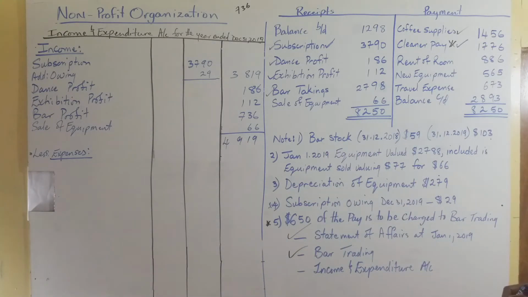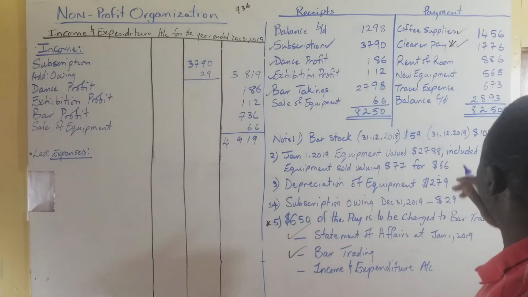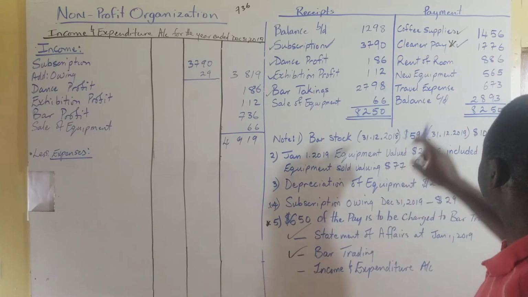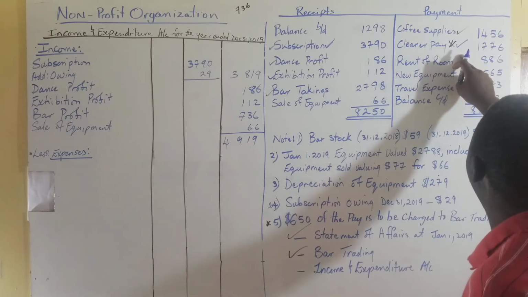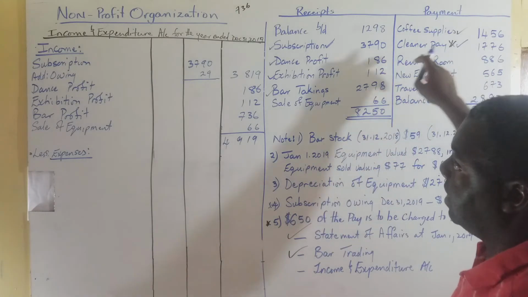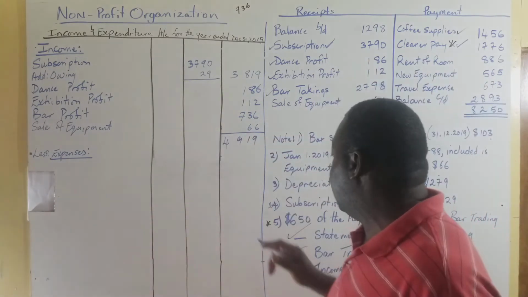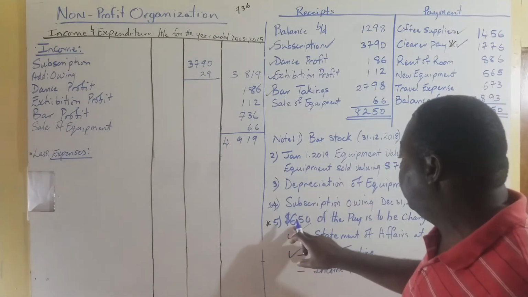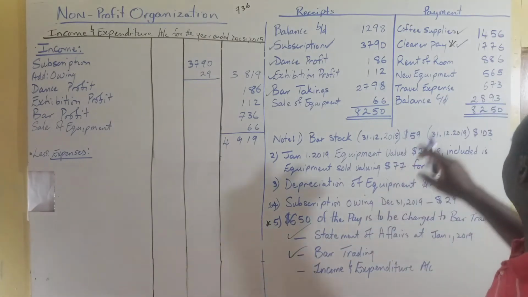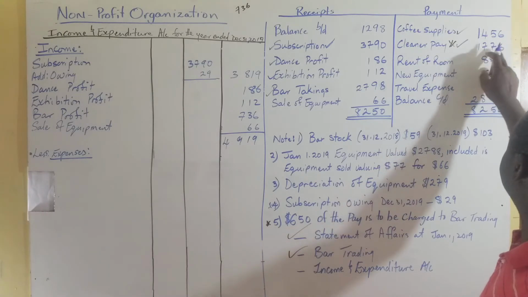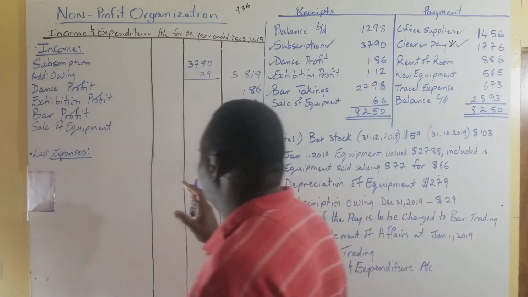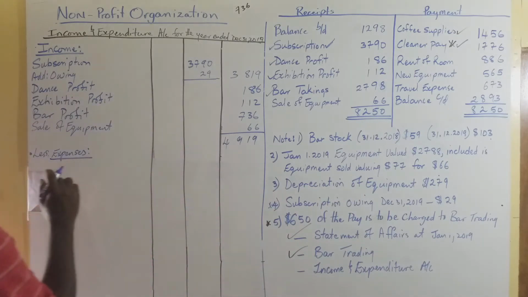Earlier we had indicated that $650 were to be taken from the cleaning pay to be allocated or charged to the bar trading account. So we're going to subtract the $650 from the total of $17,676, and the difference is to be allocated to the income and expenditure account.